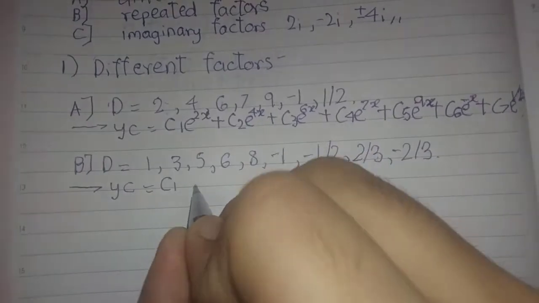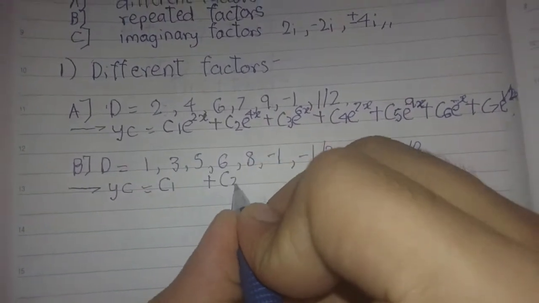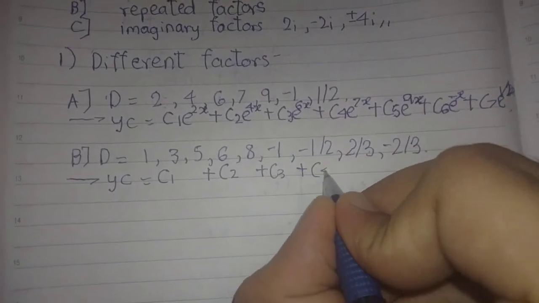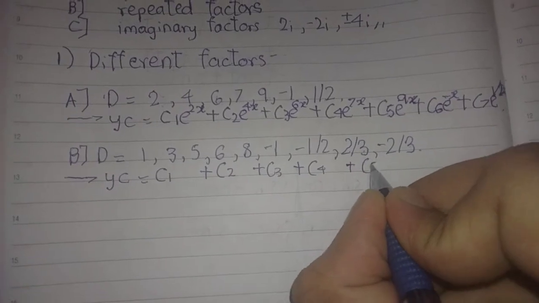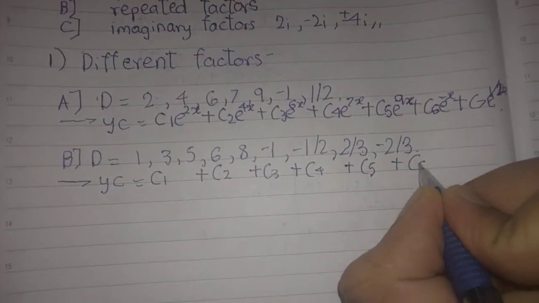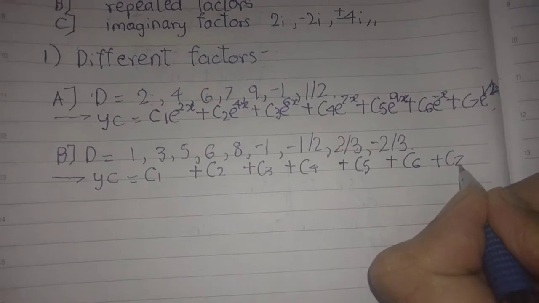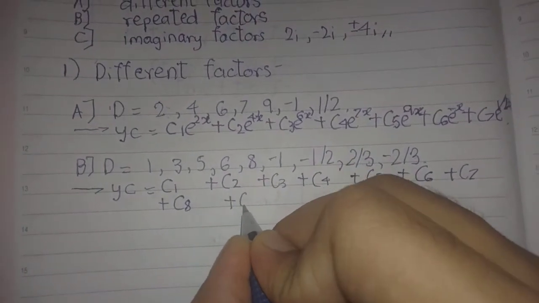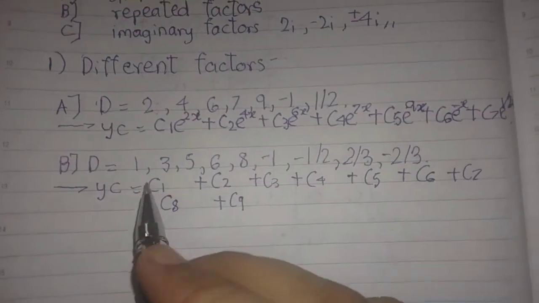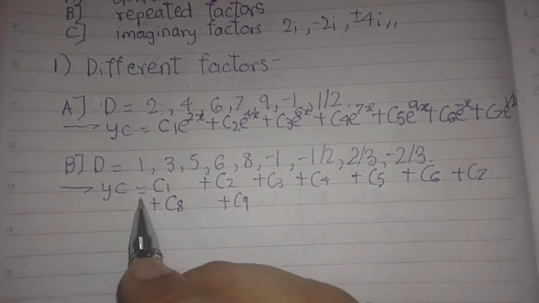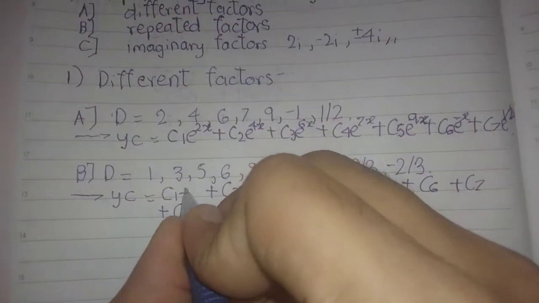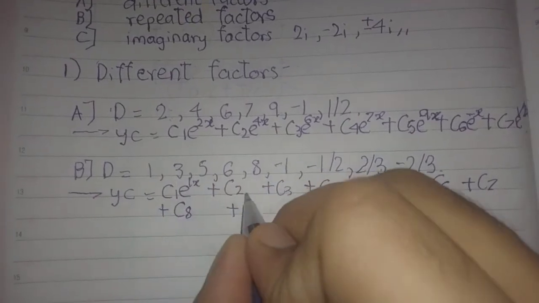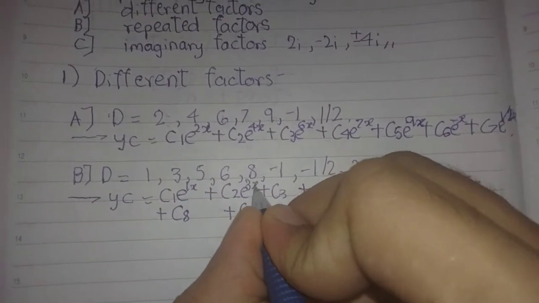So C1 plus C2 plus C3 plus C4 plus C5 plus C6 plus C7 plus C8 plus C9. What is the first term here? C1 indicates the first term, which is 1, e raised to 1x. C2 indicates the second term, which is 3, e raised to 3x.